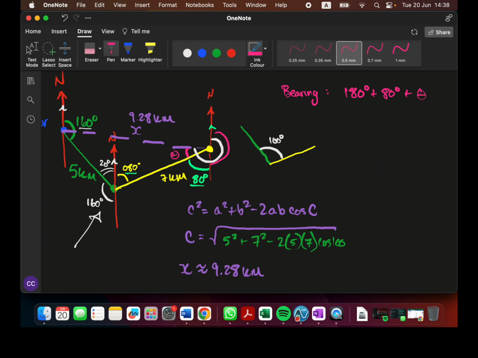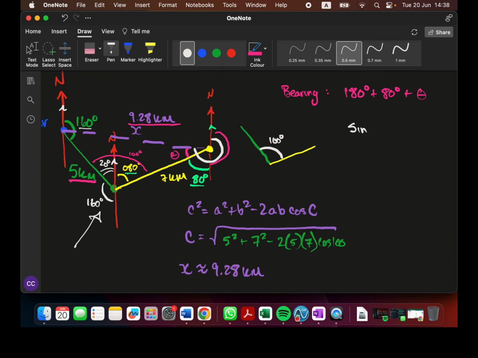So now, to find theta, we're going to have to use the sine rule. Theta is the side opposite the 5 kilometers. We know that this is 100 degrees, and we know the side opposite the 100 degrees. So sine rule will work perfectly.